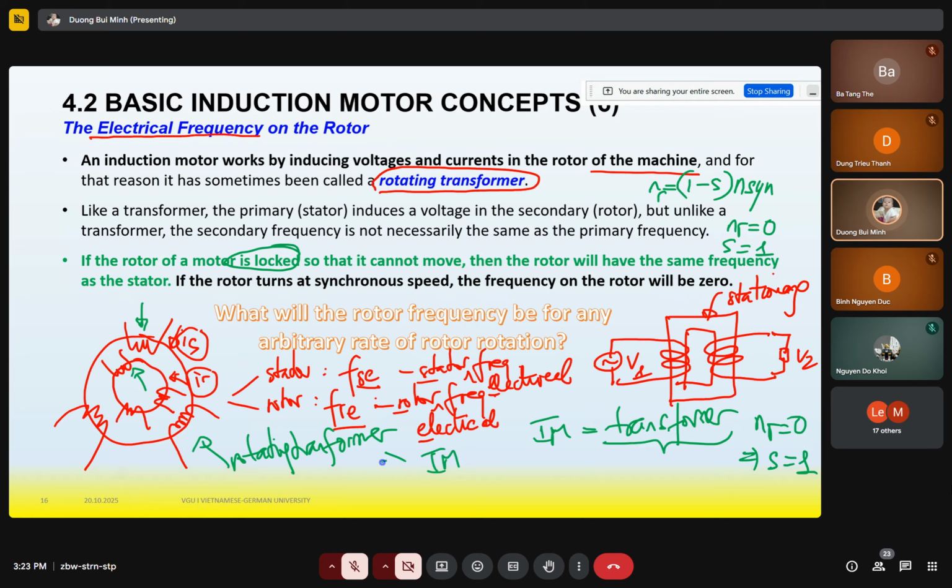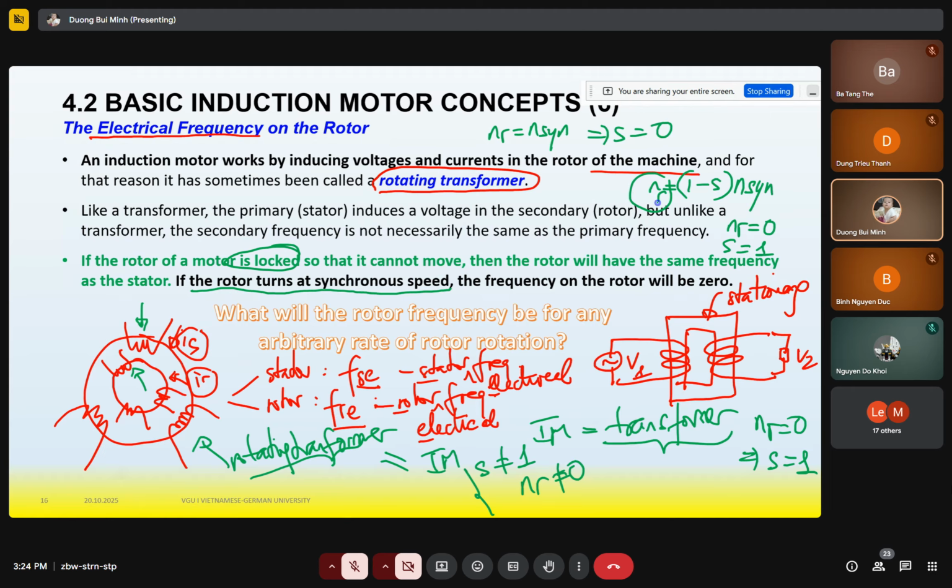If the rotor rotates, the IM now becomes a rotating transformer and s is different from 1. Why? Because n_r is different from 0, since the rotor is rotating. Now if the rotor turns at the synchronous speed, so n_r becomes n_sync, that means s is 0.